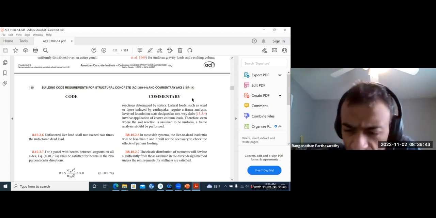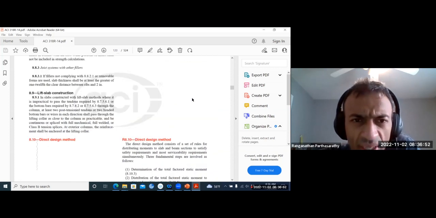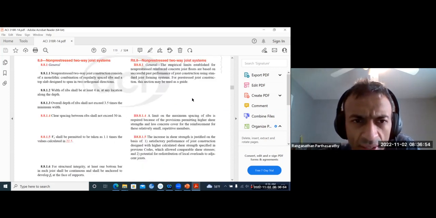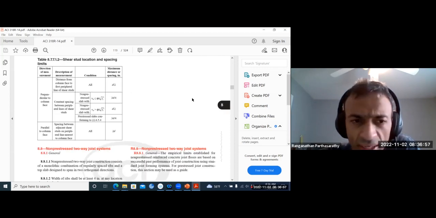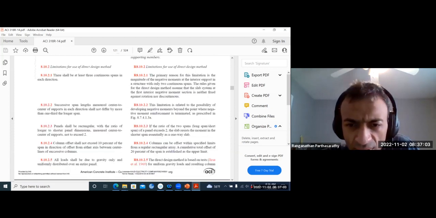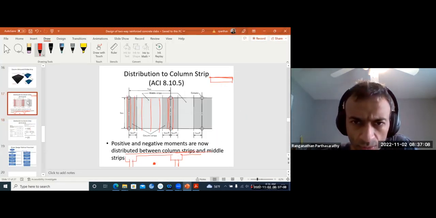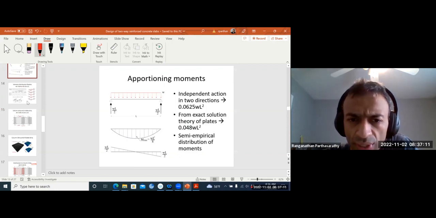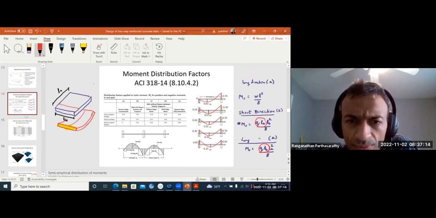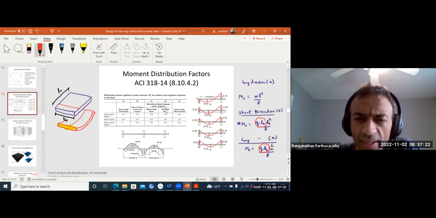Let me go to where there is no beams. There is a case where you do not have any beams supporting the slabs on any of the edges. I think it is better on the slide. Here, you sometimes may not have an edge beam.